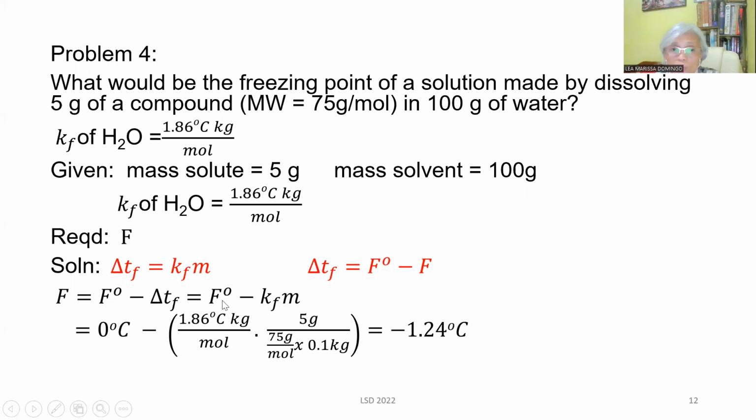The freezing point of the pure solvent, which is water, is 0 degrees Celsius, minus K sub F 1.86 degrees Celsius kilogram per mole. Tapos molality, 5 grams divided by the molecular weight, which is 75, divided by the mass of water in kilogram, which is 0.1. And therefore, the freezing point of solution is negative 1.24 degrees Celsius, which is indeed lower than the freezing point of water, which is 0.